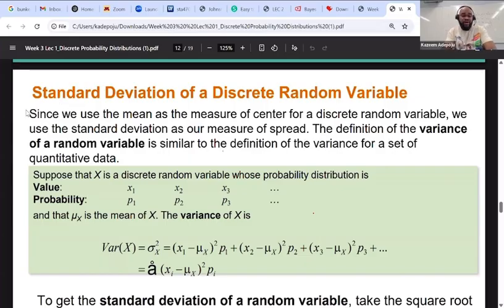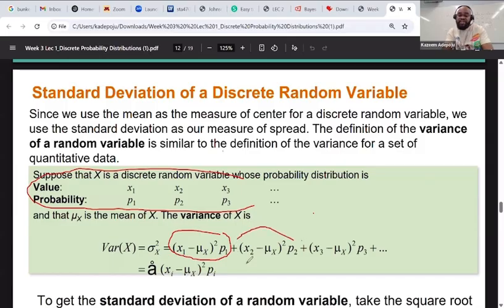If I have that table we had the other time, a probability distribution table, and I want to find the variance, I need to first find the average. Then I will be subtracting the average from each score, I will square it, then I'll multiply by the corresponding probability.